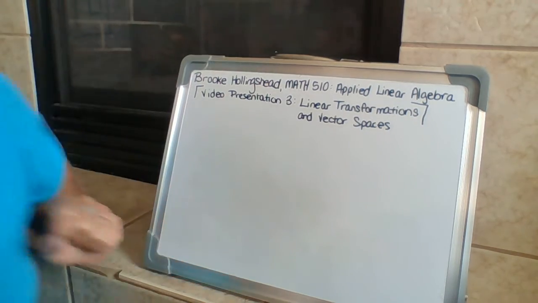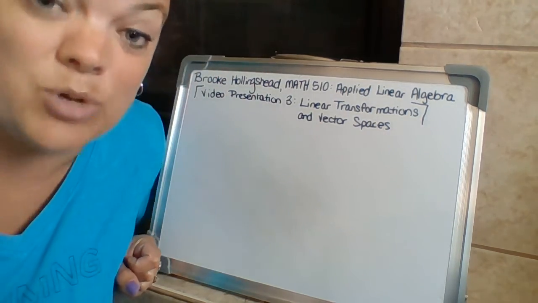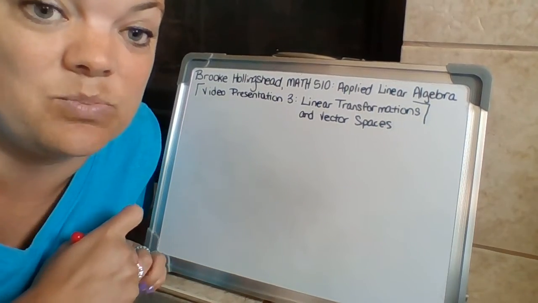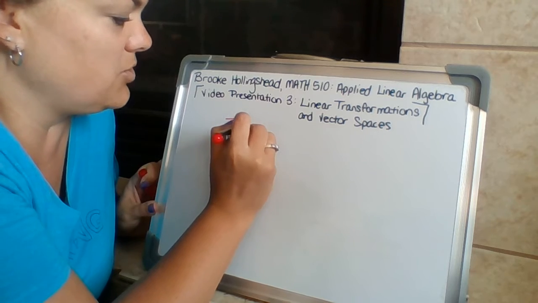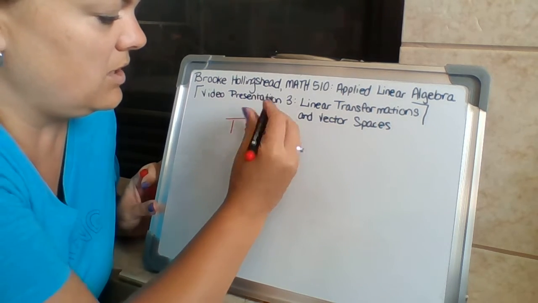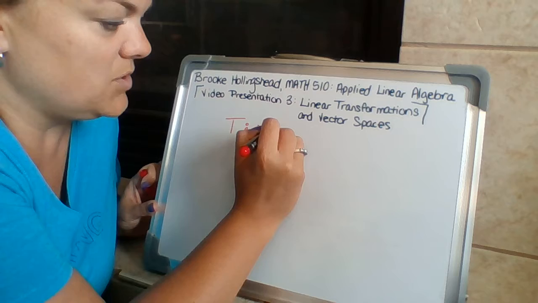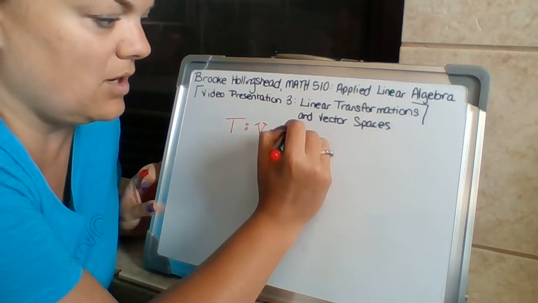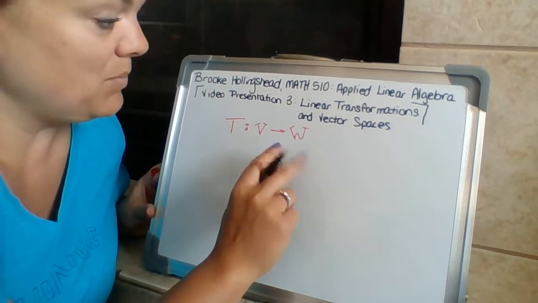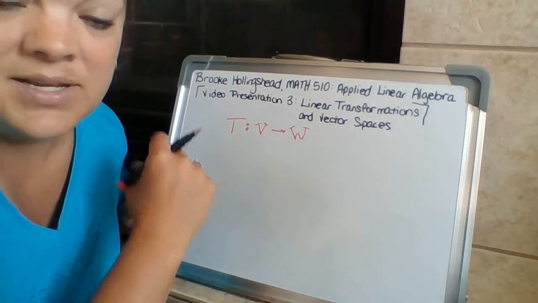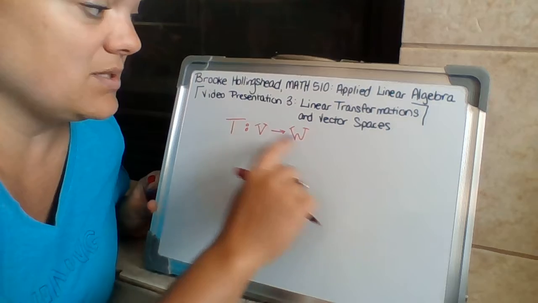So there are two main properties that it would need to qualify as a linear transformation. The way we would write a linear transformation is the transformation from one vector space to another vector space. Again, this could be back to the same one, as long as they hold all the properties of a vector space.